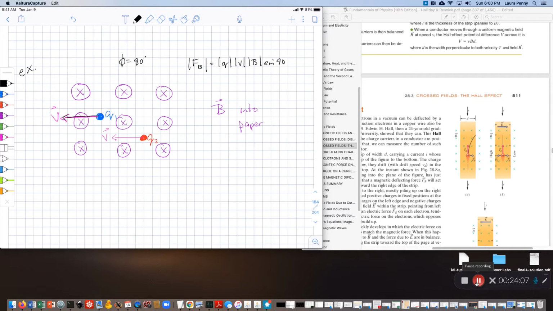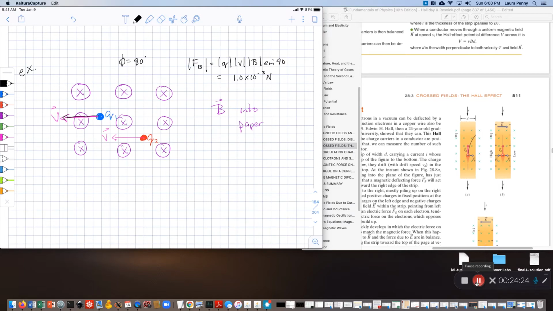Hopefully y'all can see that. And so this ends up being the same magnitude as we had in our first example, where our magnetic field is perpendicular to our velocity. But here we can actually see the force. So let's try this.